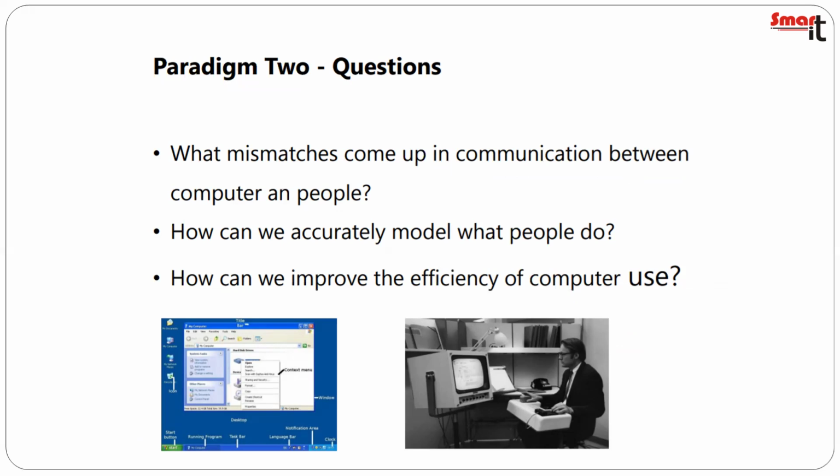Sometimes if we do not fit, if we feel a gap, what mismatches us? And how can we accurately model what people do? How can we improve the efficiency of computer use? These questions are the focus in paradigm 2.